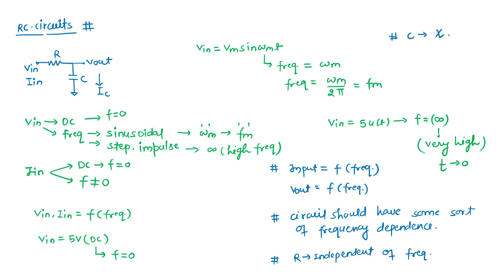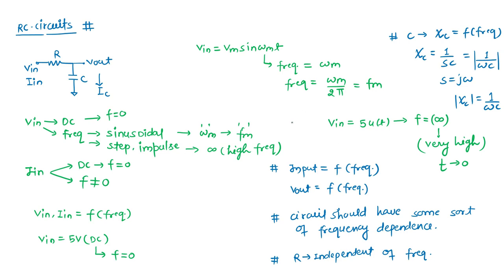If I write Xc, we all know it is nothing but 1 upon sC, which is 1 upon omega C if I write the magnitude, because I can write s equal to j omega. So Xc's magnitude is 1 upon omega C. So it is also a function of frequency.